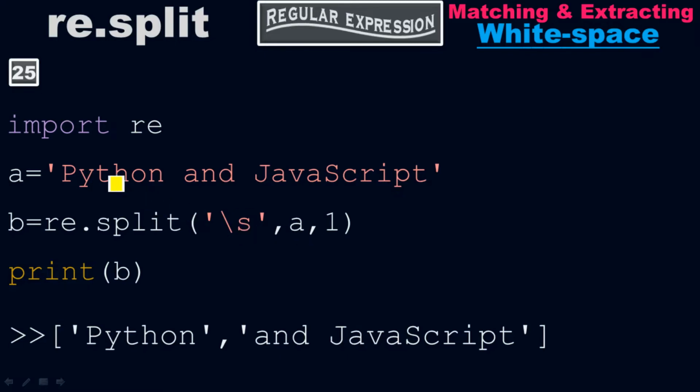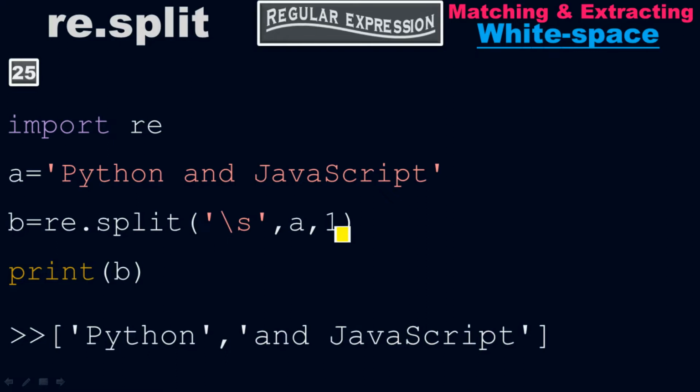Comma a is this one. This one means to move one step ahead, which means that we skip only one white space. Python in the separate quotes and then comma and JavaScript. From here up to here we have a single split. They have been enclosed inside the quotes. So we have escaped only one white space. This white space has been covered here. Let me repeat it.